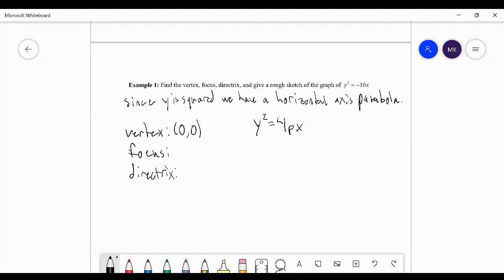Well, what we're actually given is y squared equals negative 10x. So that tells me that 4p equals negative 10. So I'm going to divide both sides by 4 to tell me that p is negative 5 halves.